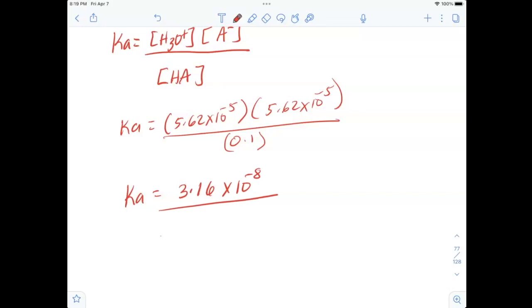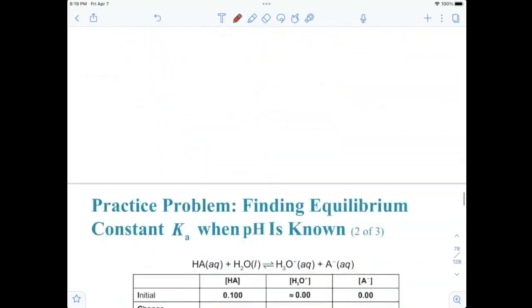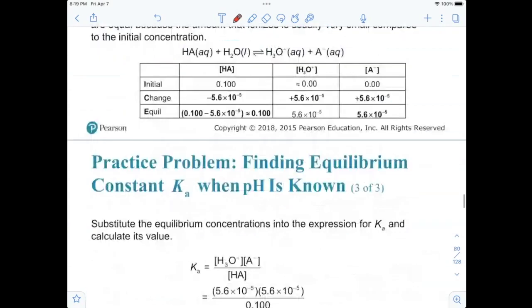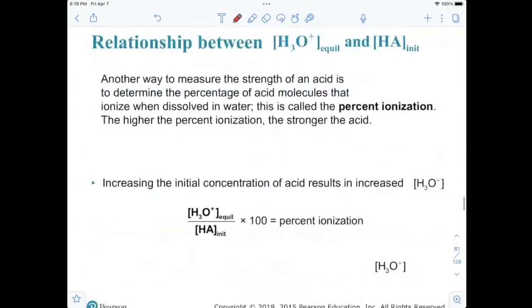I didn't really check my math. Ka equals 3.2 times 10 to the power negative 8. I kind of did it all in one with my math. Let's see if that works out over here. Do we get 3.2 times 10 to the power negative 8? Yeah, they wanted it differently, but we got it. So we're making progress. I'm very happy with that.